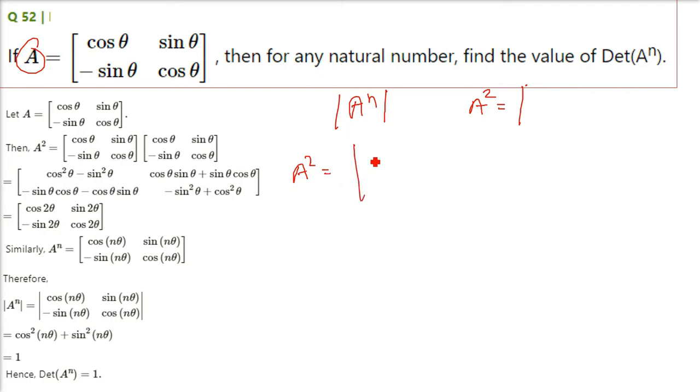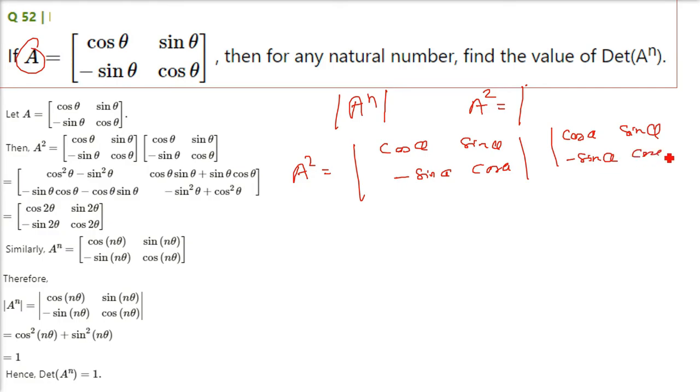A square is what? [Cos theta, sin theta; minus sin theta, cos theta], multiplied again by [cos theta, sin theta; minus sin theta, cos theta]. Let me show you what I am doing.